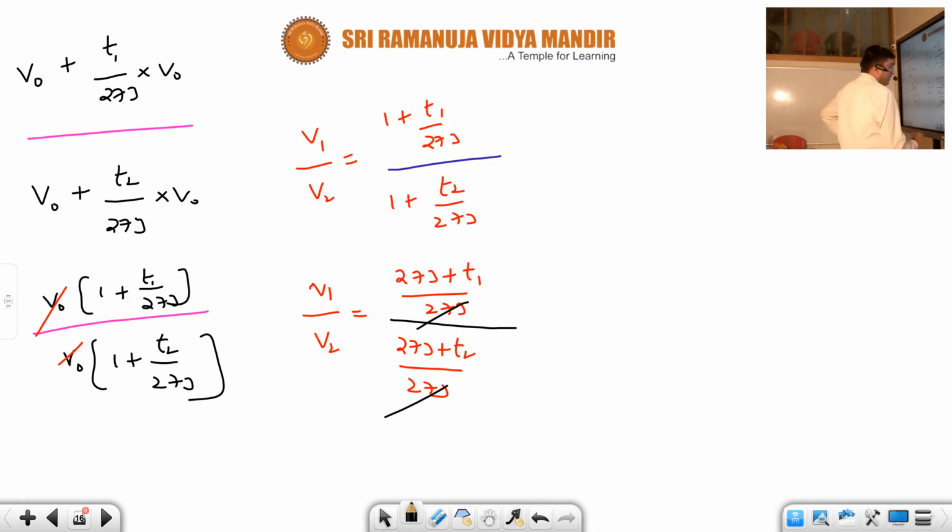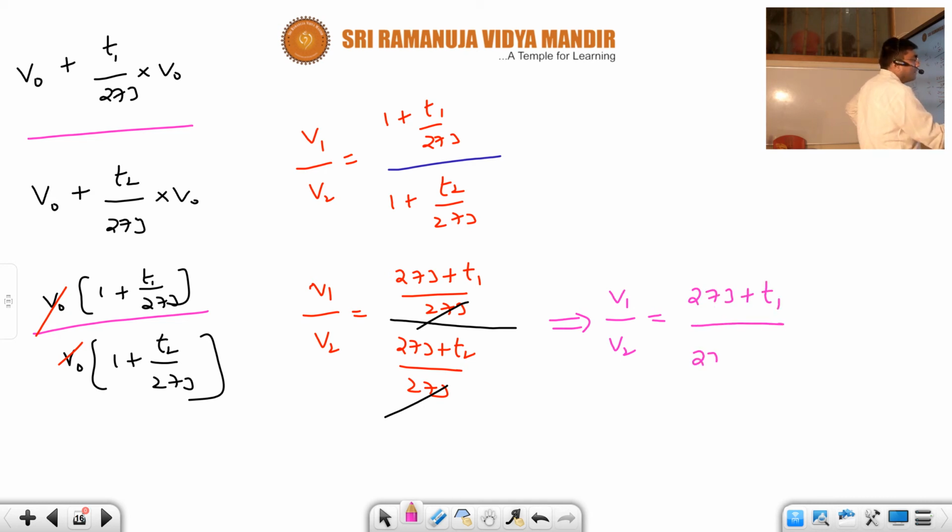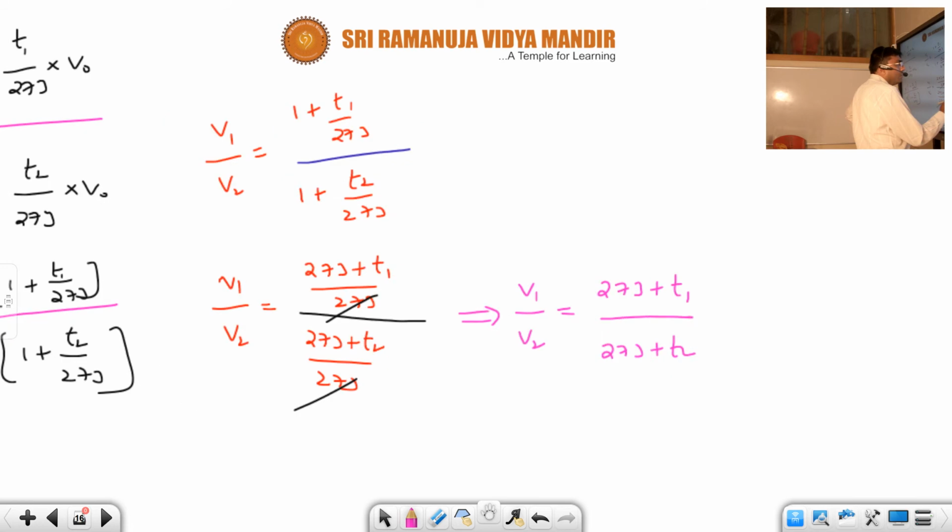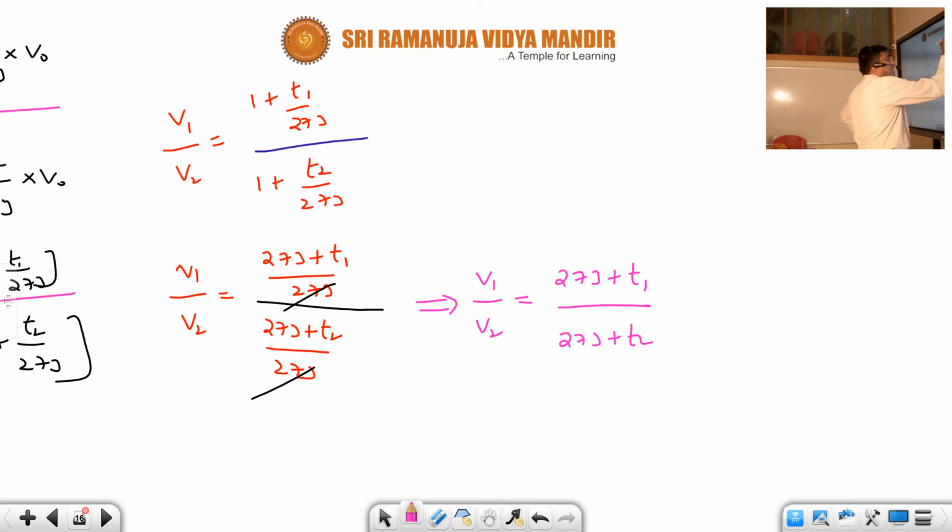Now we'll continue. V1 by V2 is equal to 273 plus T1 by 273 plus T2. Students, mind you, always see T is equal to t plus 273. This t is in degree centigrade.